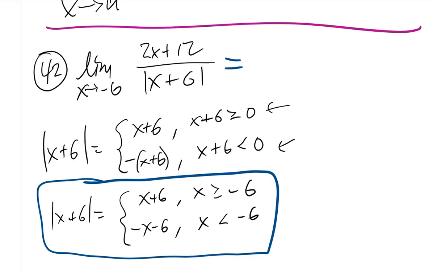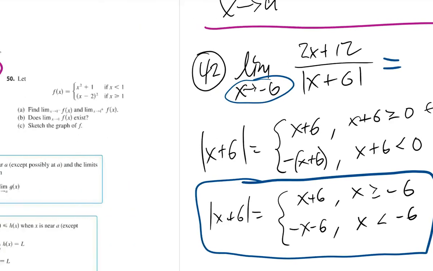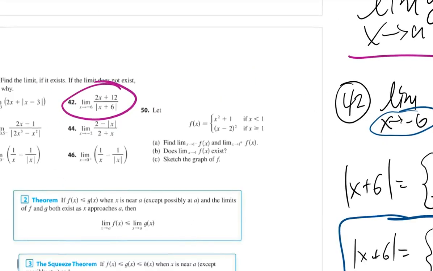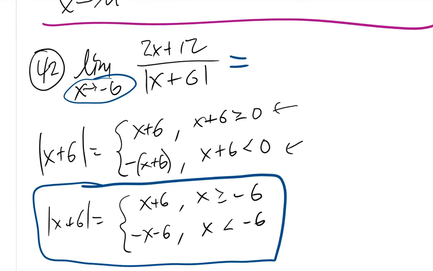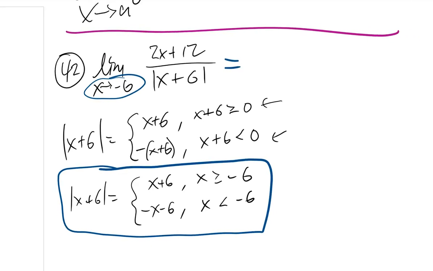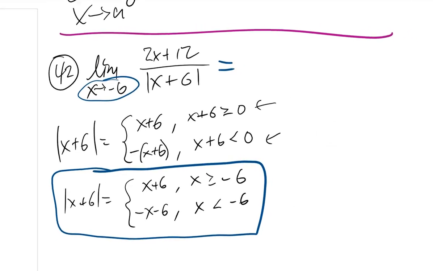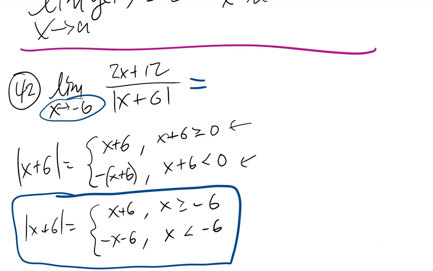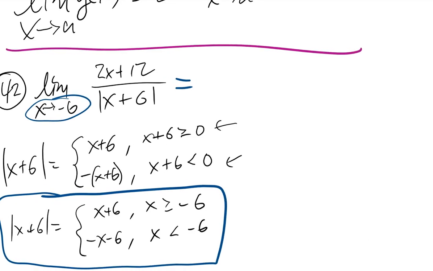So basically what we're doing is we're coming in to negative 6 from, does it say left or right? No, just from the negatives. Coming into negative 6. Okay. So if we're coming into negative 6, let's see what this is here. Okay. What we can do is we can factor this.